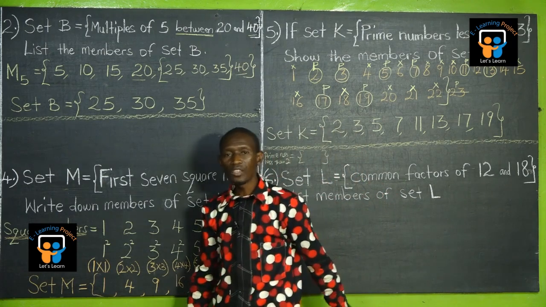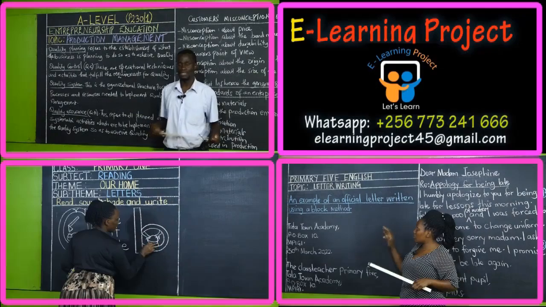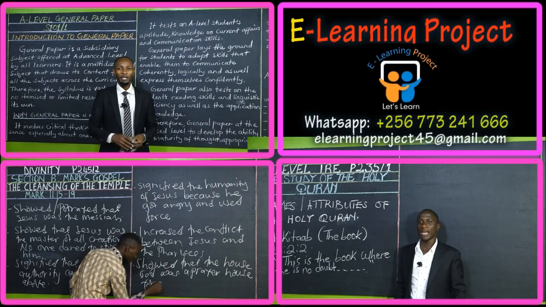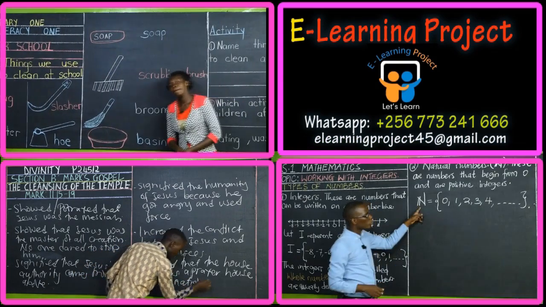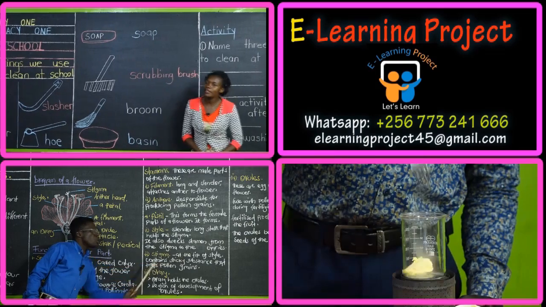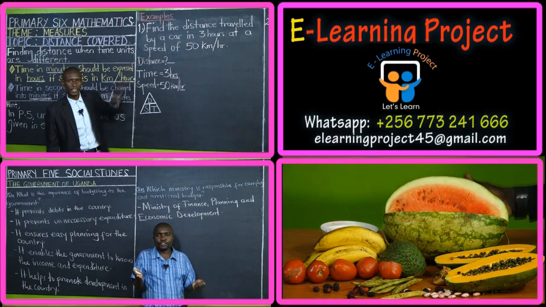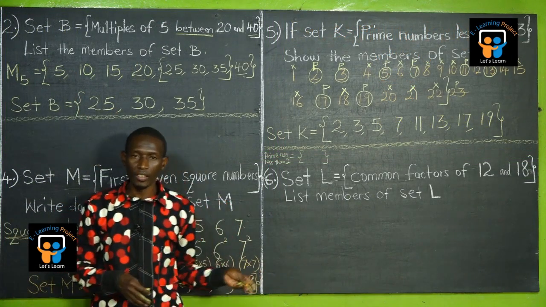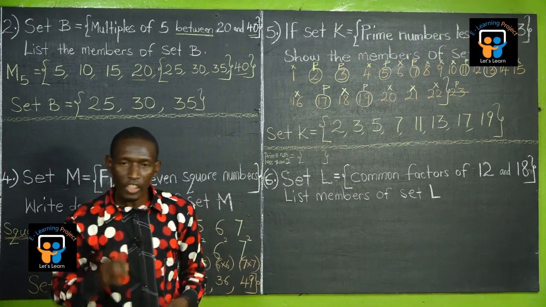And again, we get factors of 18. We observe the common factors. Which factors are you seeing in factors of 12, and again you are seeing them in factors of 18.